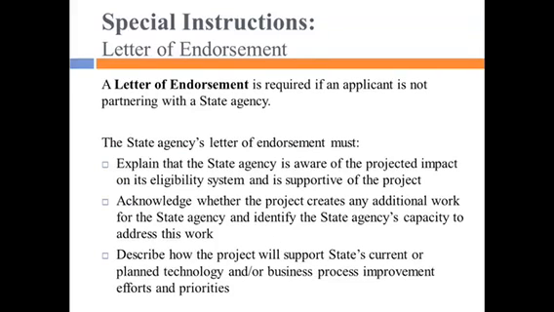Also, FNS welcomes grant proposals from entities other than a state agency. Such applicants must demonstrate that the state agency strongly endorses and/or is involved in the proposed project through a letter of endorsement. It must also describe how the project will support the state's current or planned technology improvement efforts and priorities. Again, those letters can be addressed to Kimberly Shields, and her contact information is in the RFA.